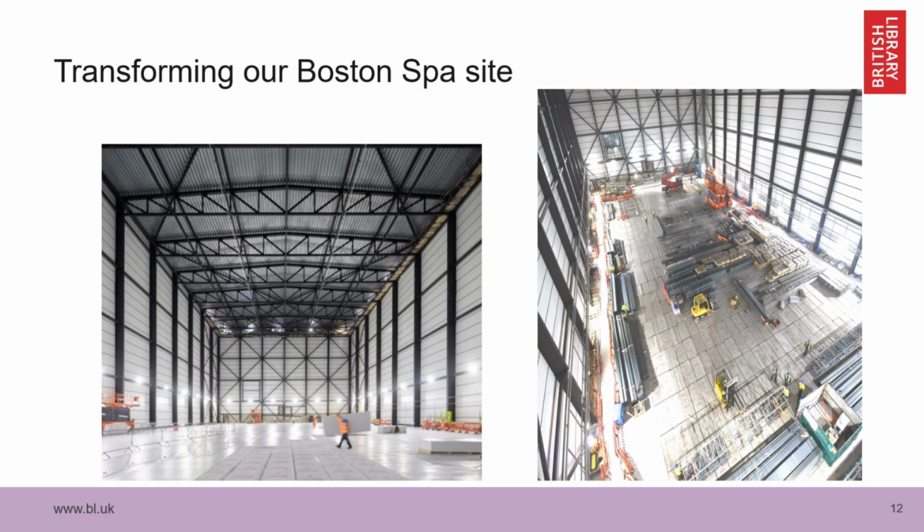So we do desperately need it because our additional storage building is almost full. We were expecting that to take longer to fill up, but for many reasons it isn't. We're still adding around 12 kilometres of stock per year to our collection, so things are filling up quick. Next.